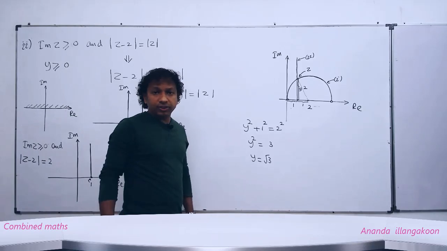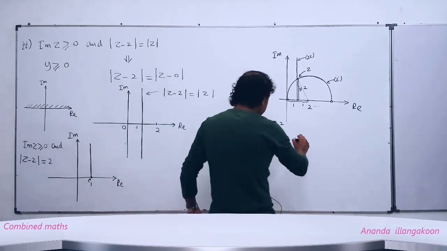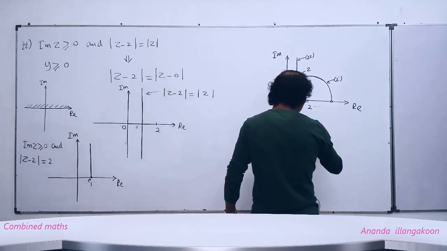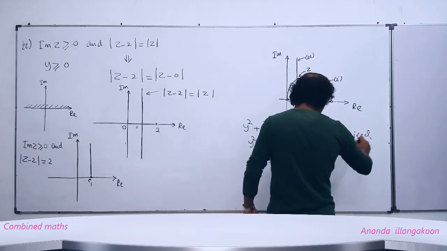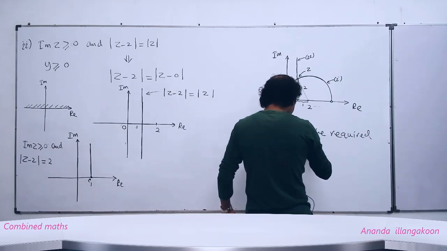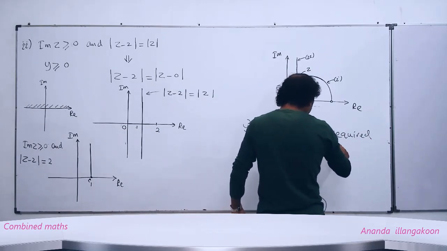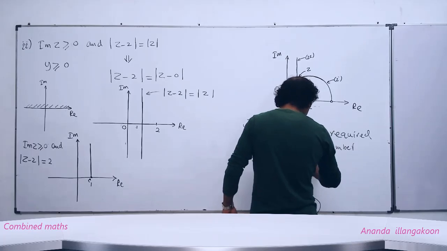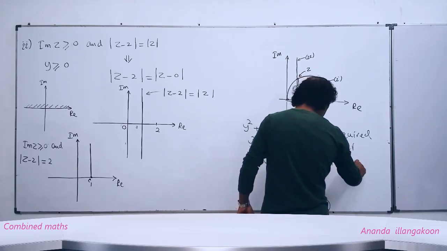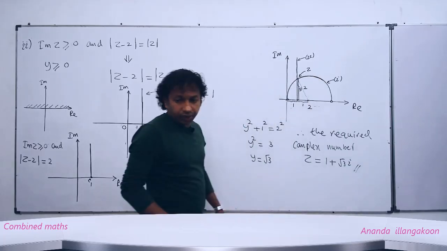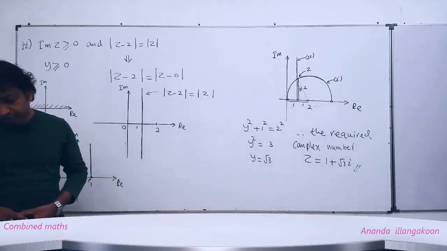So therefore, the complex number you can write. Therefore, the required complex number is equals x means 1 plus root 3 i. 1 plus root 3 i is the required complex number. Right, no? Yeah.